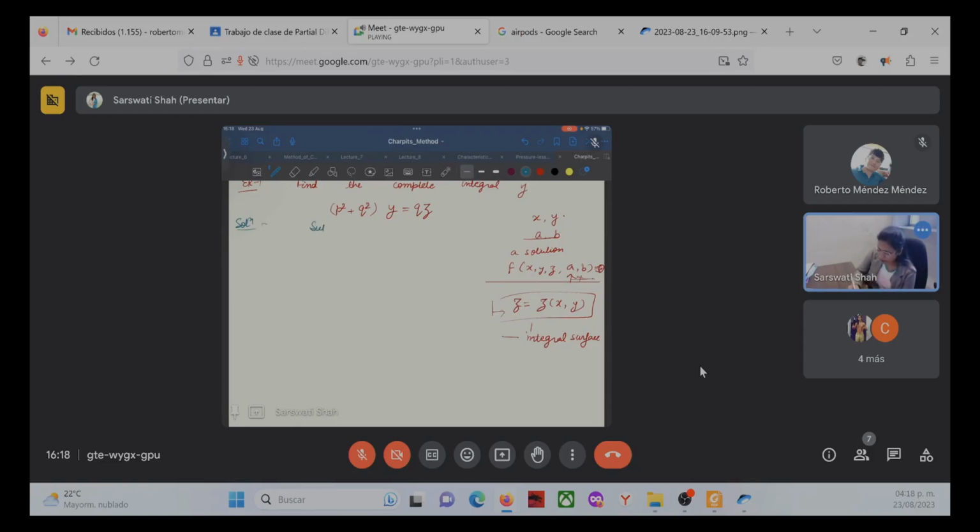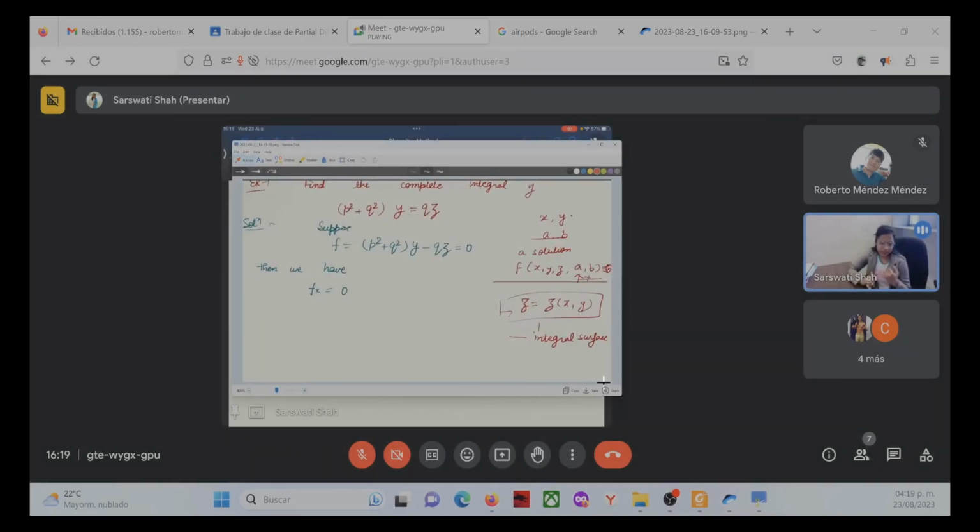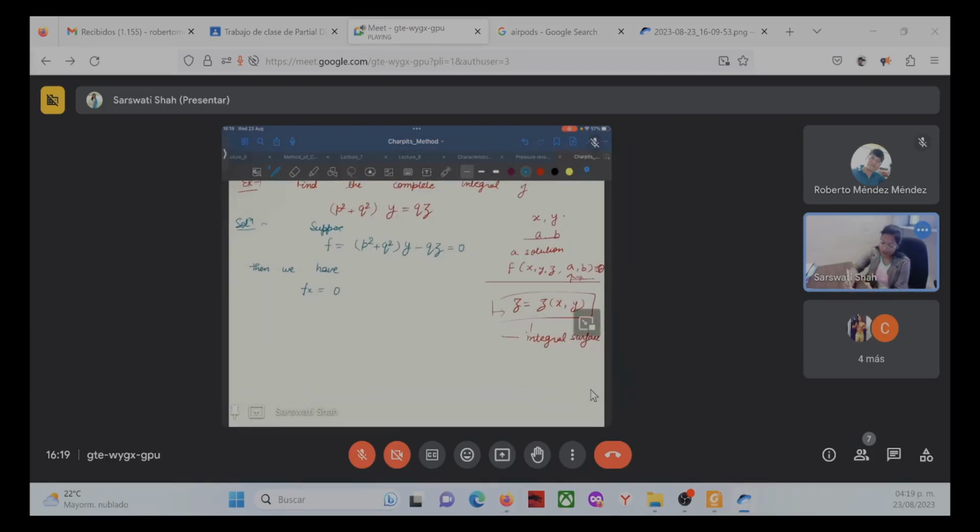So suppose we can simply write it in this form: f equals p square plus q square y minus q z equals 0. Then we have f x equals 0, because we know that ds over dt is going to use fp, fx, fy, fq, fz.